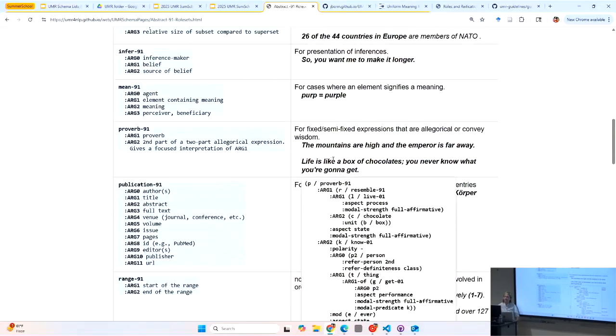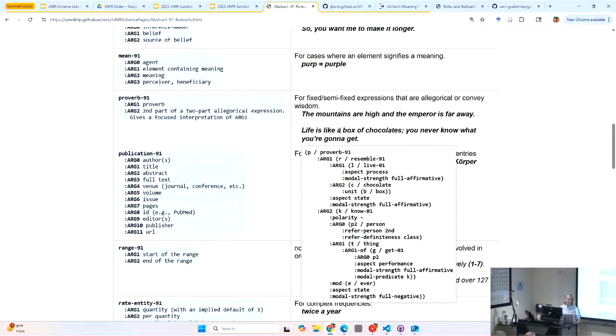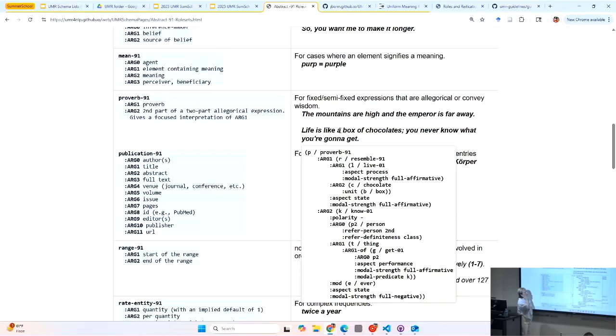Proverbs. These are fun. So, the mountains are high and the emperor is far away. We'll talk more about multi-word expressions tomorrow, but there's a line between an idiom and a proverb.